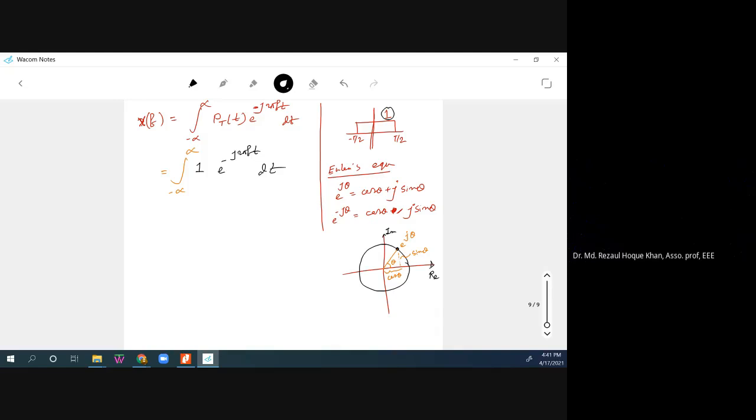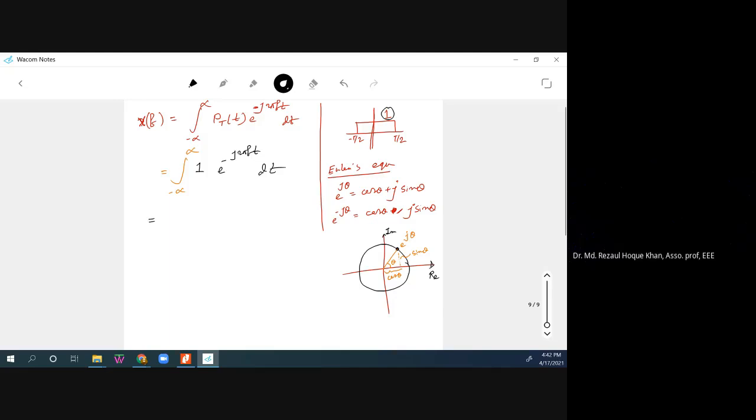Got it, guys? So what is the integration of e to the power minus x?